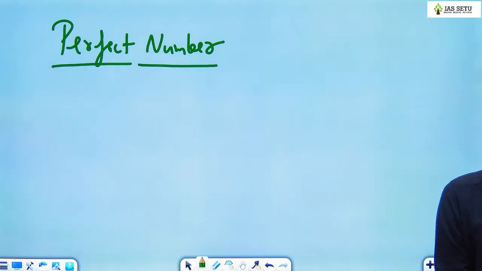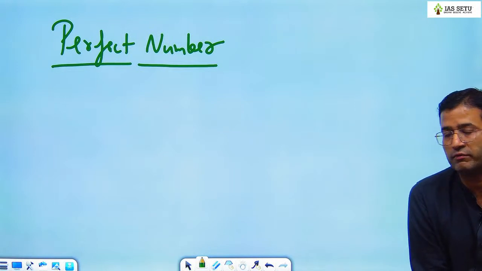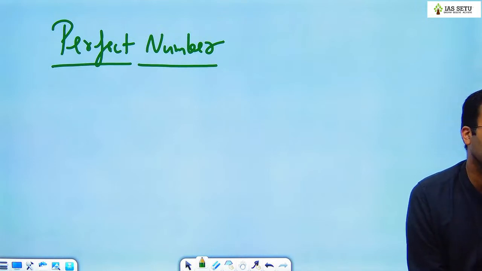Anyone tell me what is perfect number? Any example if you can give? 6 is a perfect number, yes. Do you know any other number which is a perfect number?